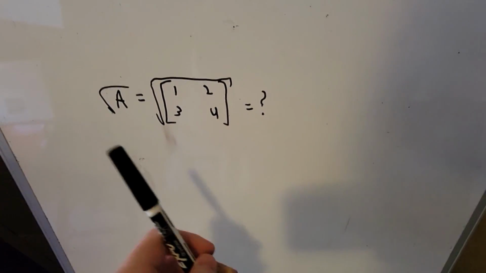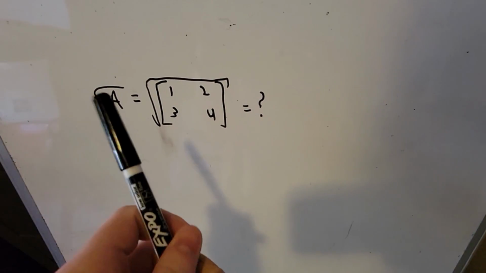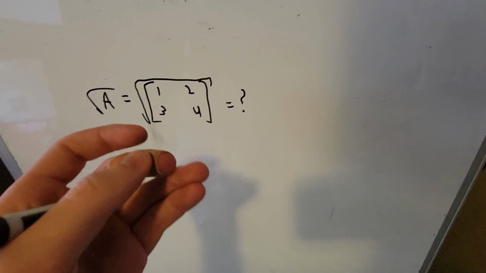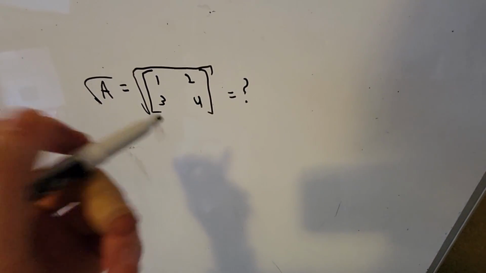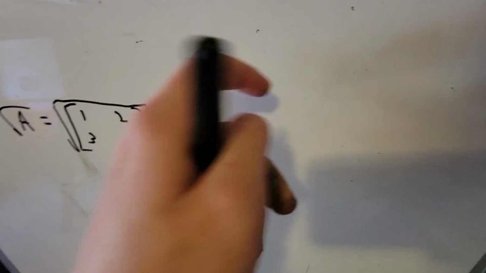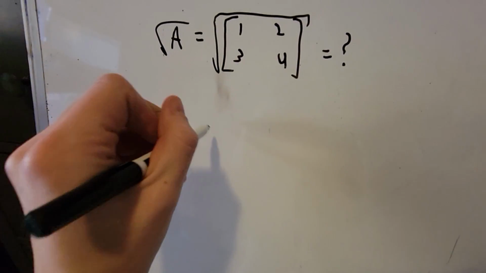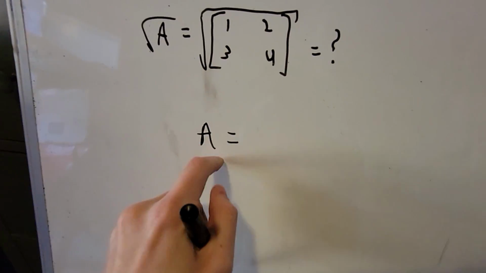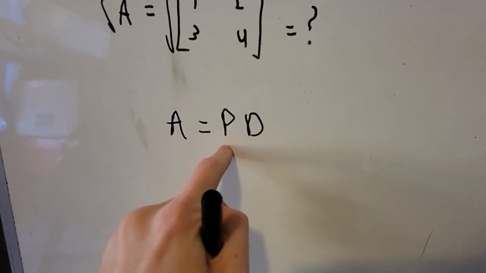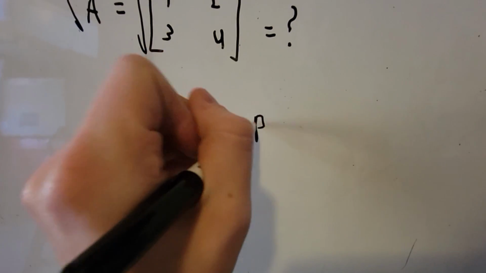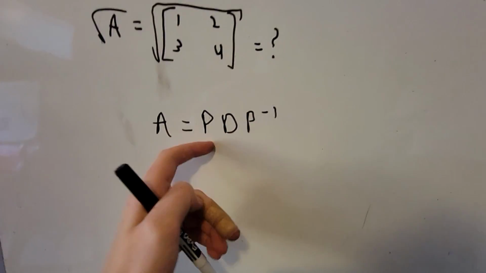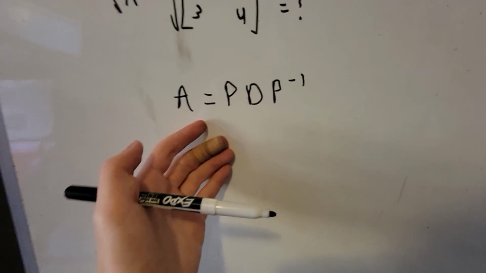We're about at the extent of my linear algebra knowledge, but there's one last thing that I need to cover, and I've basically covered an entire semester's worth of linear algebra. This is probably going to be a 20-30 minute video, but it's fine. So if we write matrix A in terms of matrix P times D times the inverse of P, it's some set of matrix multiplication such that this is true.